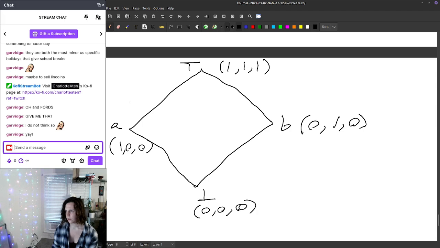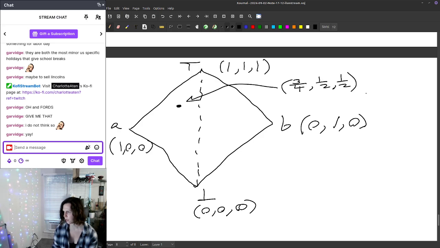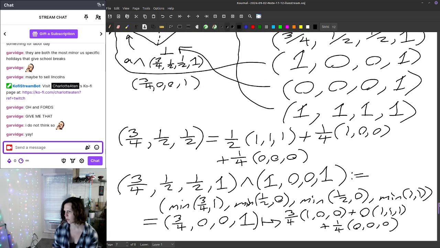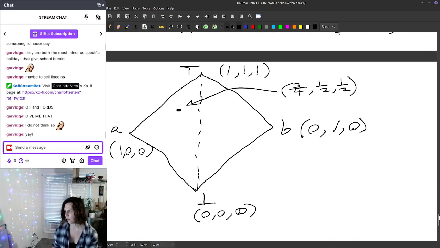Okay, so before, I'll draw my line down the middle here. Before we looked at a point that was 3/4, 1/2, 1/2, if I remember correctly. Yeah. Okay.